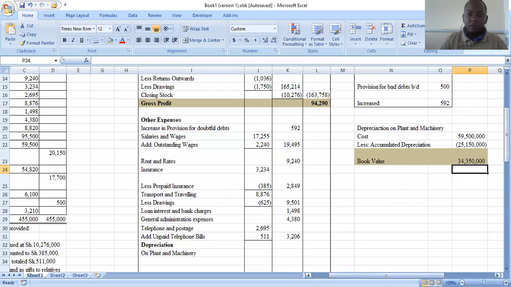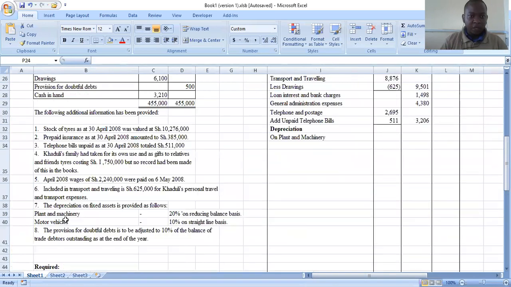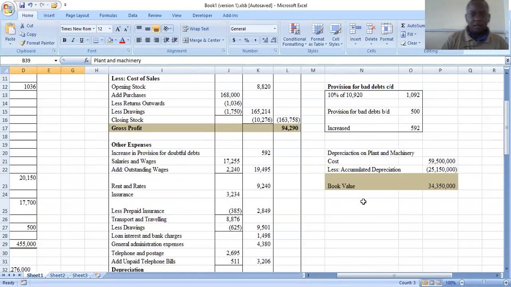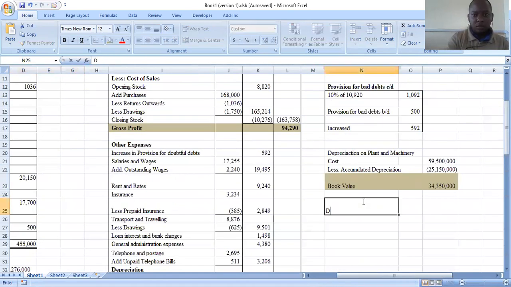So now you are told to charge depreciation on reducing balance basis for plant and machinery at 20%. So therefore the depreciation shall be equal to 20% of 34,350,000. Sawa.